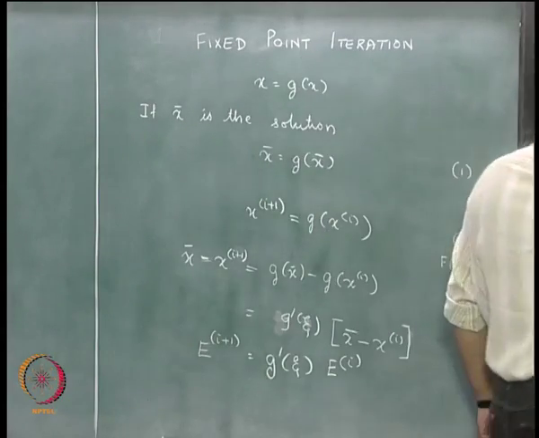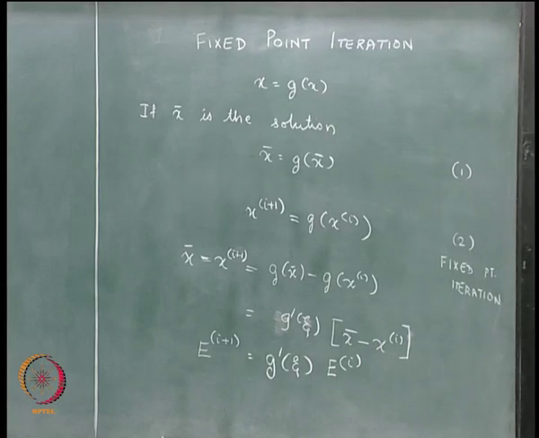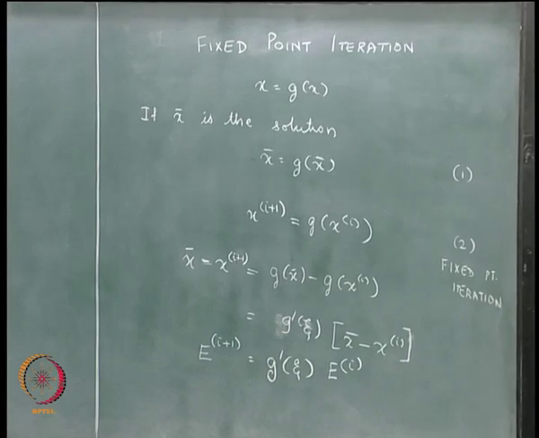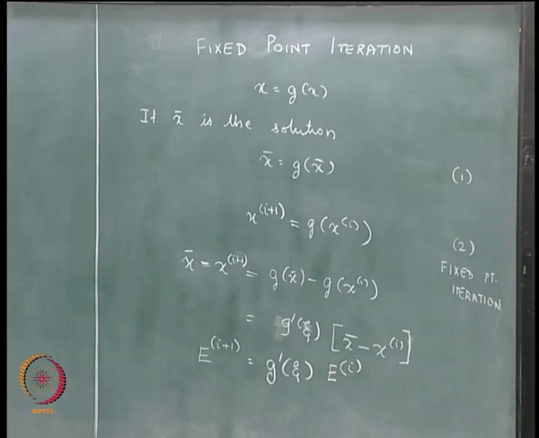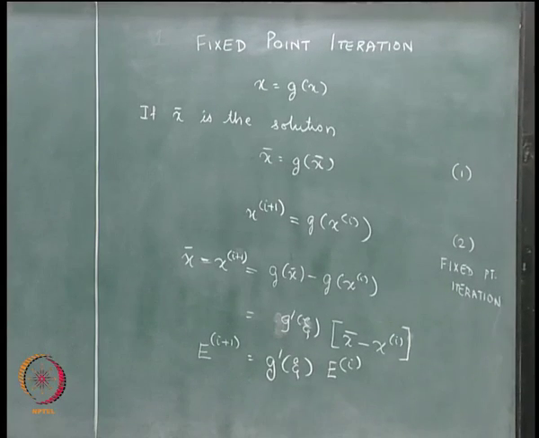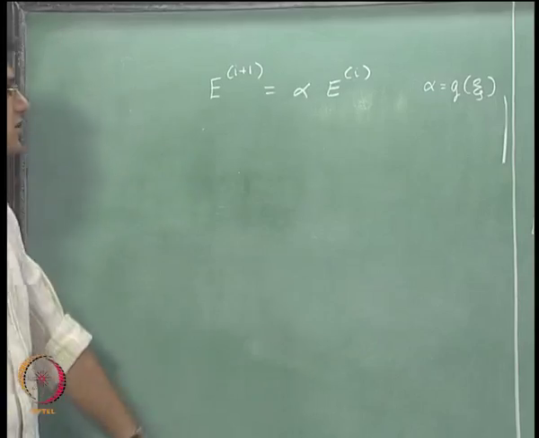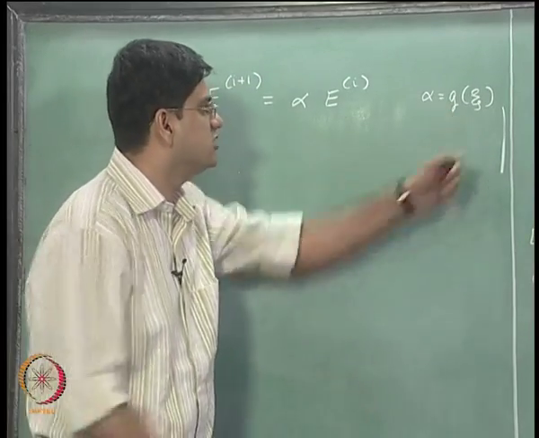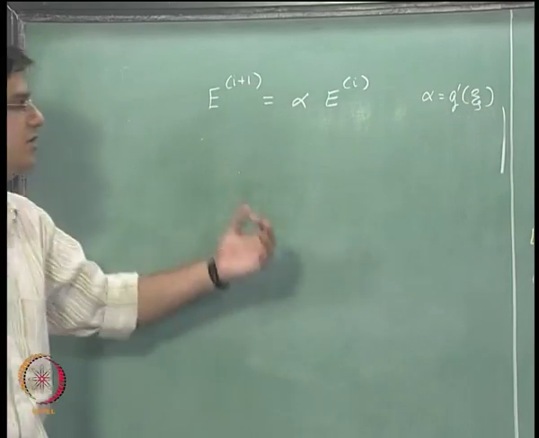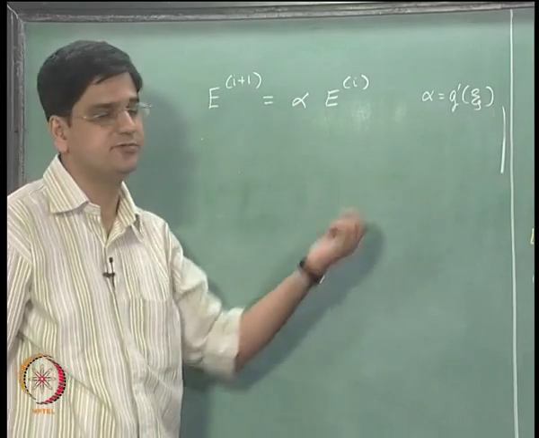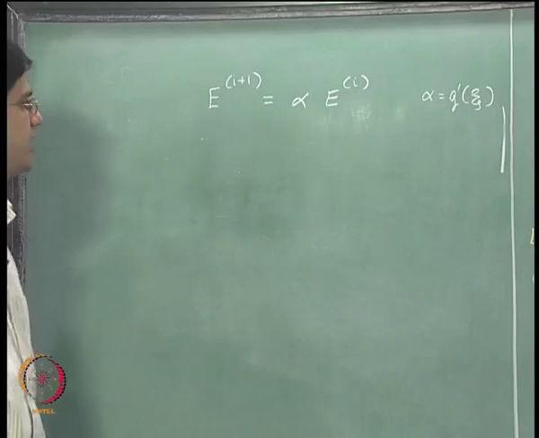So again let us look at our expression e_{i+1} equal to alpha times e_i, where alpha in this case is g dash of zeta_i, because zeta_i is a number that lies between x_i and x bar.